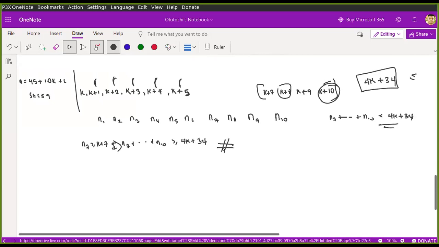So take the other case, which is N7 less than K plus 7, and we're going to do something similar. This is going to imply that N1 to N6 is going to be less than or equal to, of course, if this is less than K plus 7, less than or equal to K plus 6.